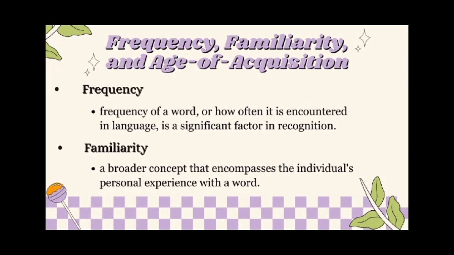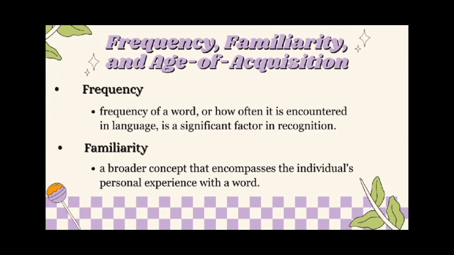Each factor impacts our ability to process language in different ways. Words that we encounter often, are familiar with, and learned at an earlier age are typically recognized more rapidly and accurately. Frequency: the frequency of a word, or how often it is encountered in language, is a significant factor in recognition.